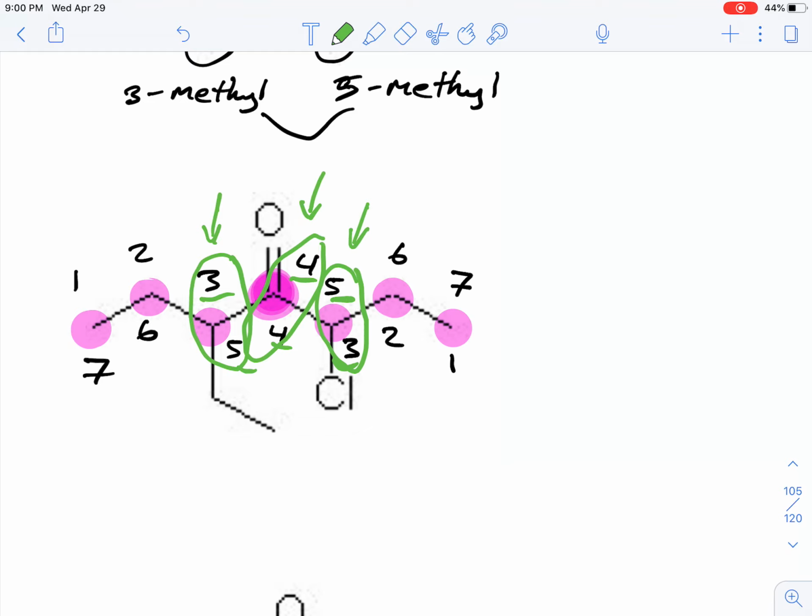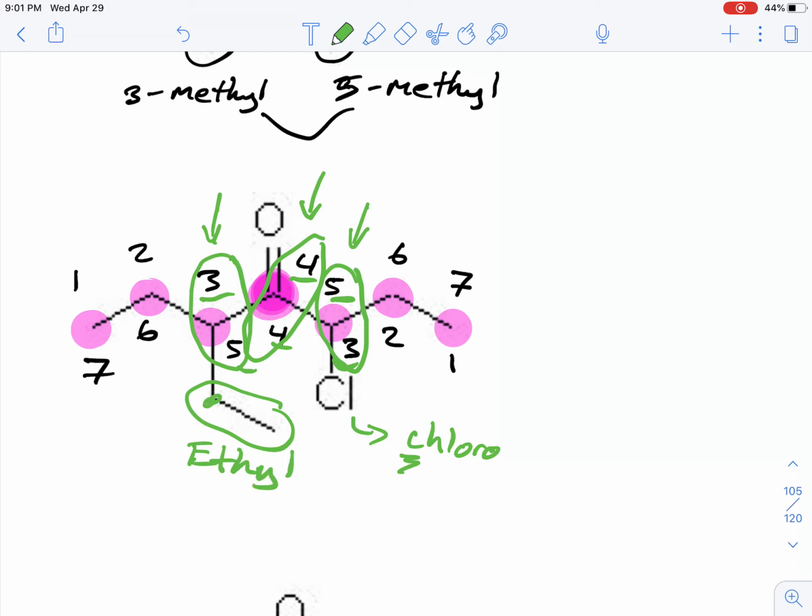And so at this point in time, our last resort is to choose a numbering system so that the first letter of the name of the substituent is going to have the lowest carbon number. And so in this case, chloro comes before ethyl. So this is chloro. This is ethyl.